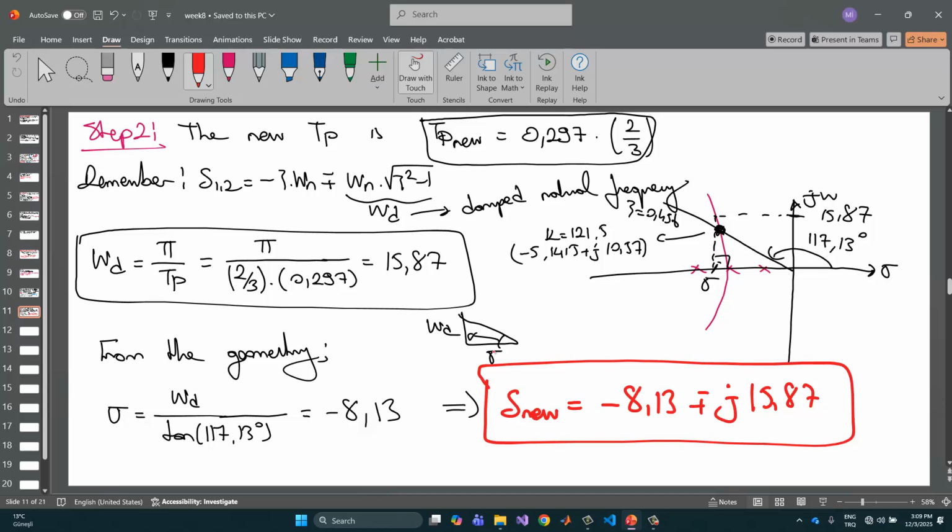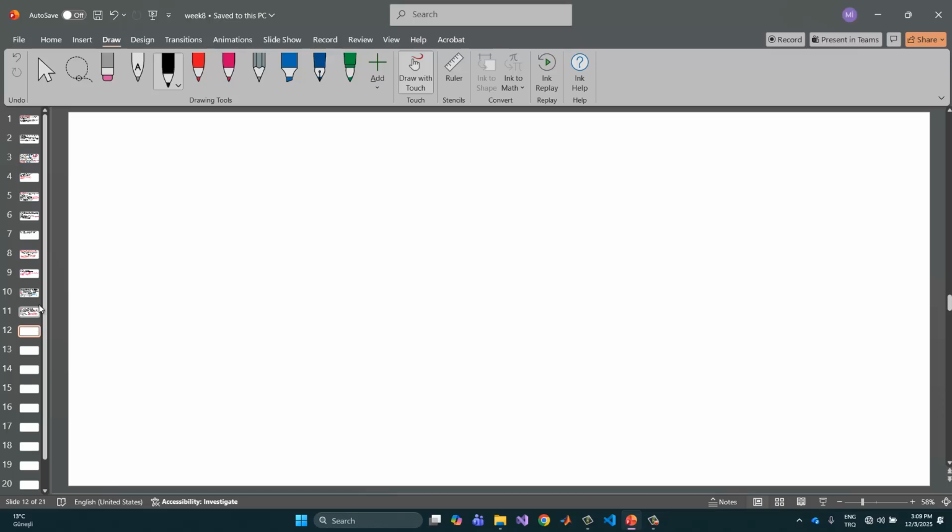And so, how can we do this? In order to do that, we need to add zeros. Why? Zeros correct the transient response, as well as the peak time, right?